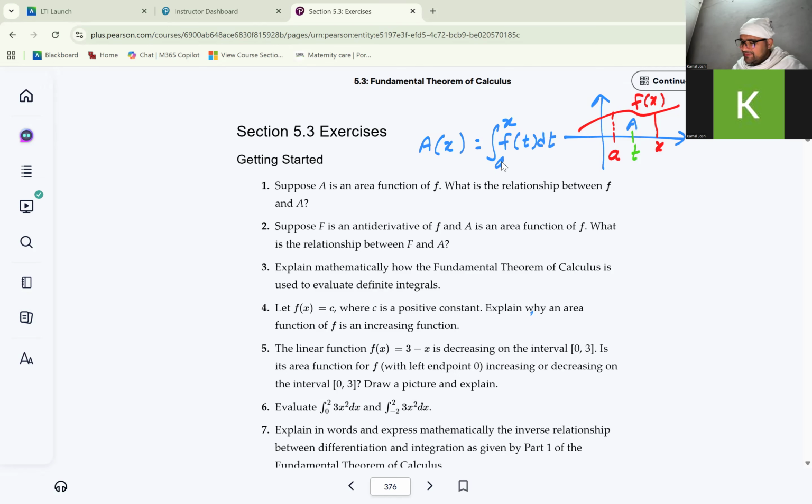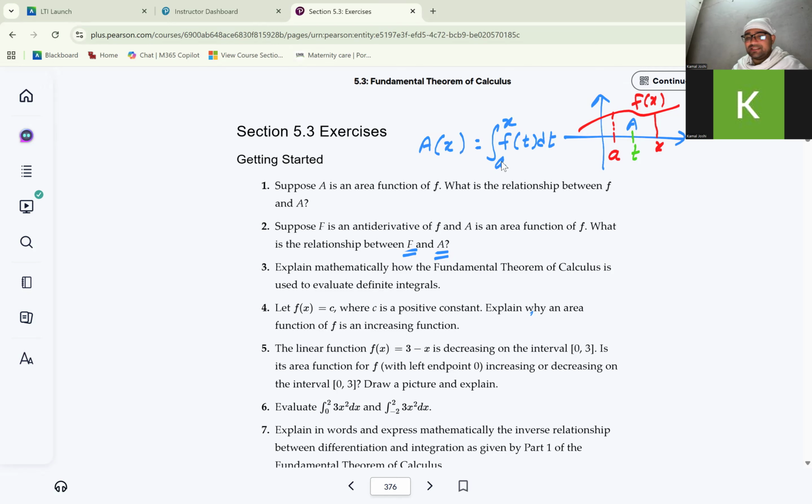Suppose F is an antiderivative of f, small f, and A is an area function. What is the relation between the antiderivative and the area function? Again, we know that this area function gives you the area with respect to a particular starting point.